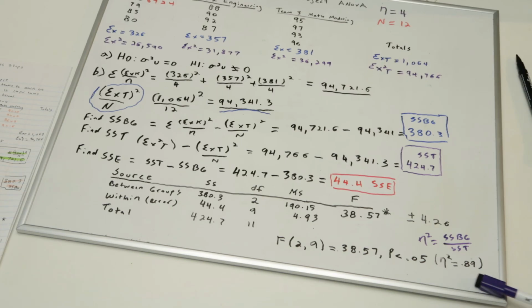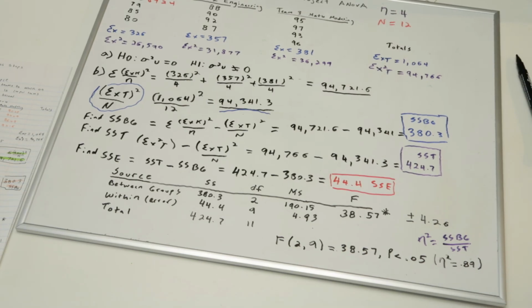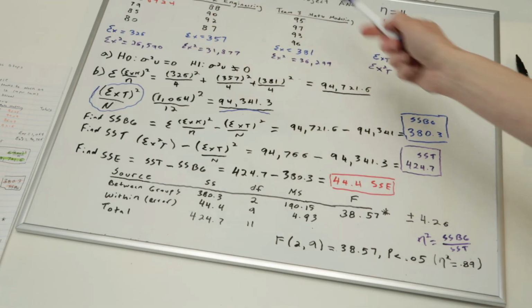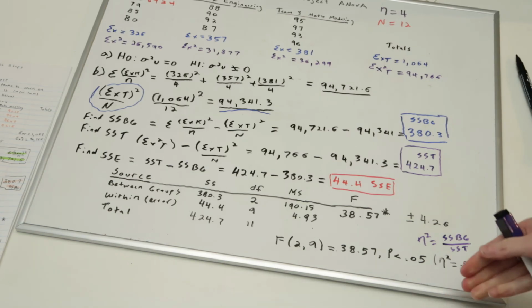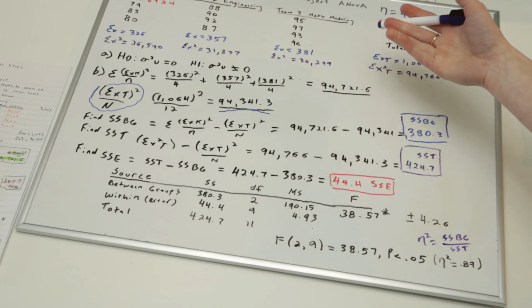This eta squared here that you can put in, you take the sum of squares between groups and you put it over the sum of squares total to get 0.89. And this is essentially a proportion. This basically means 89%. Well, what does 89% mean? It means that the variance in scores between these scientists, 89% of that variance is accounted for by the group that they're in.